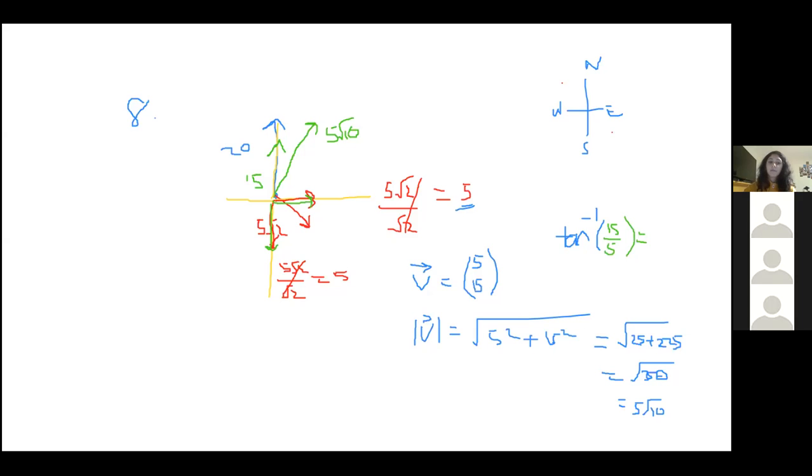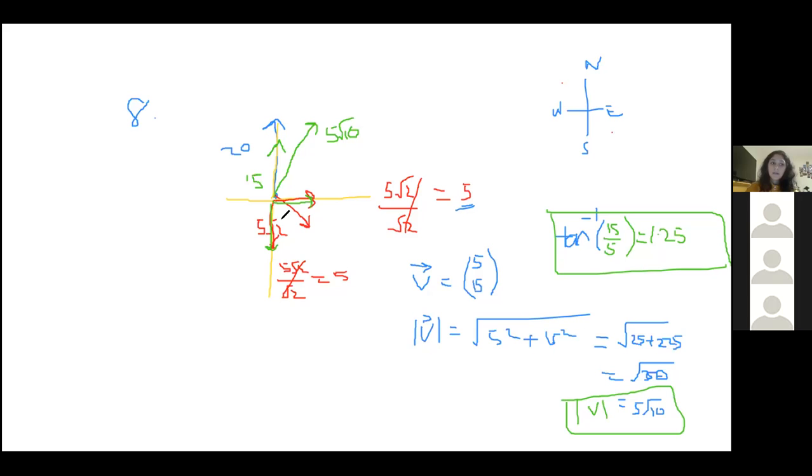I did this in my calculator before the session, and it works out to be 1.25 radians to 3 significant figures. So this is the final answer for the direction, and it's going at this speed of 5 root 10 knots. That's how you do this question.